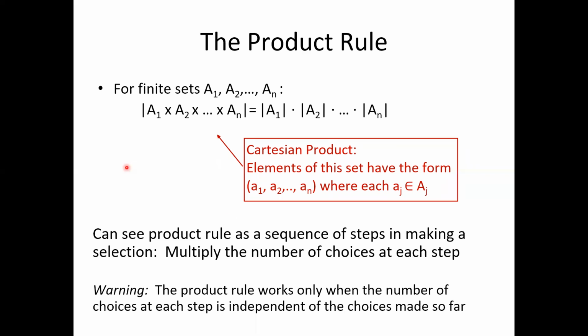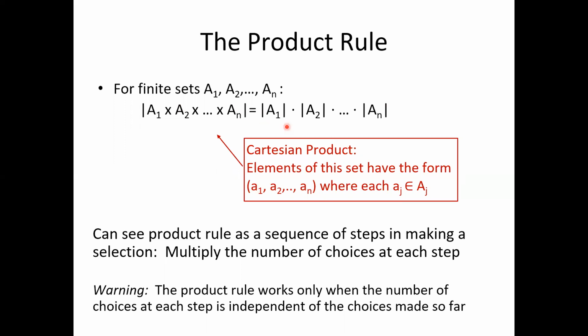The product rule basically tells you that if the process of making a string involves, first, choosing a1 arbitrarily as a member of the set capital A1, and once I'm done, choosing a2, then you have this many choices when you make the first decision.